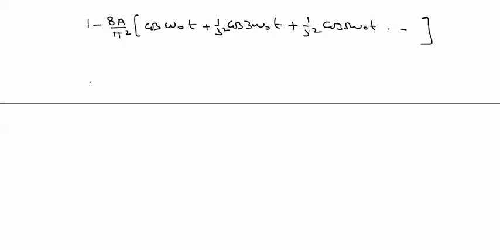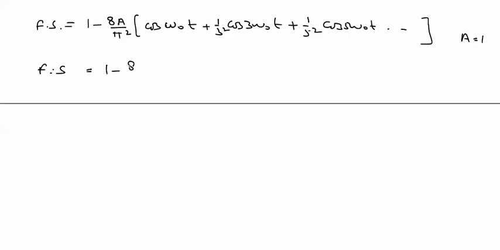For higher terms we are not considering. The Fourier series we can write directly. Here the value of a is 1, because the triangular wave oscillates between 1 and minus 1.